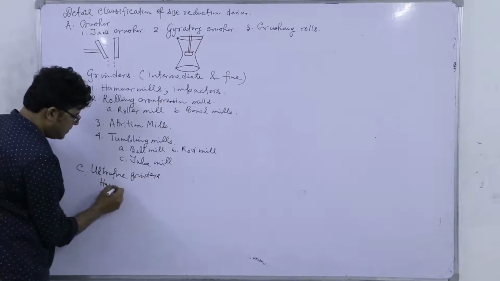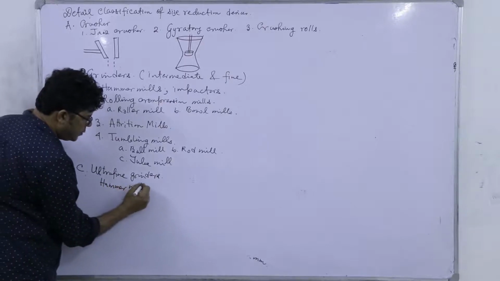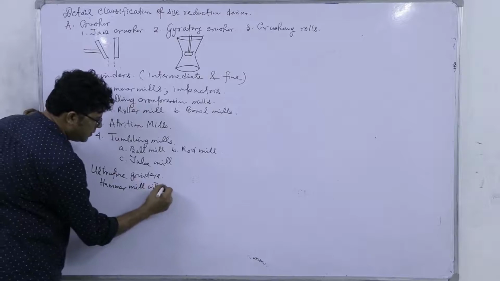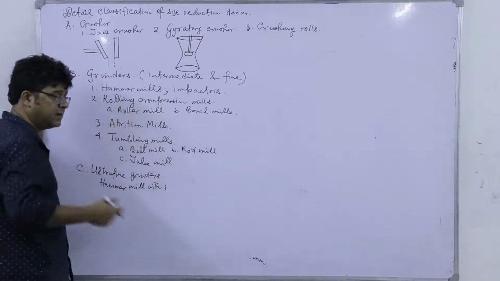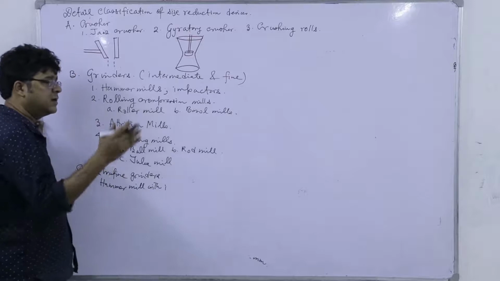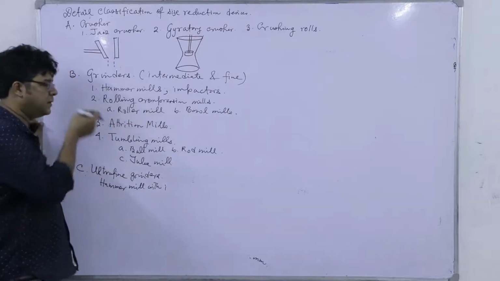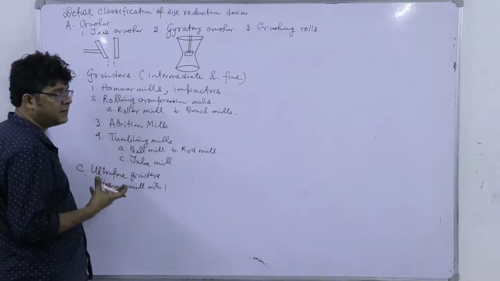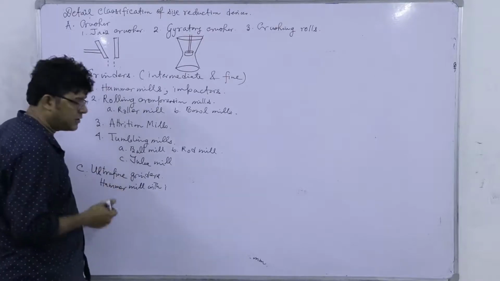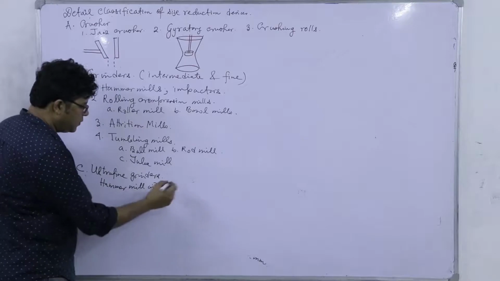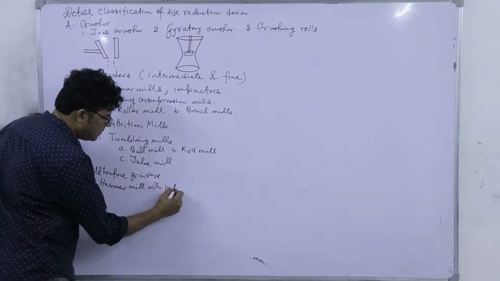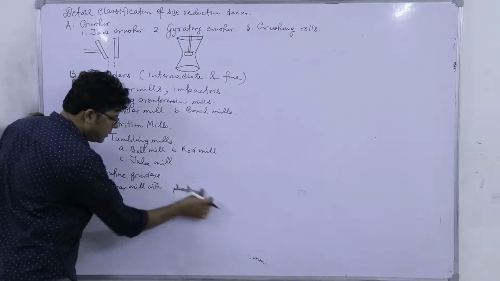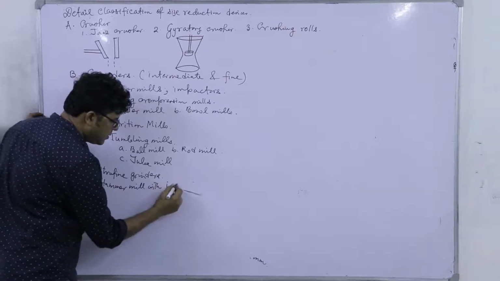Hammer mill with internal classification. There are meshes which will basically take away the undersize and recirculate the oversize. This is called the closed circuit grinding, and the device is designed in such a way so that it's internally closed cycled. So hammer mill with impactors, with internal classifications.